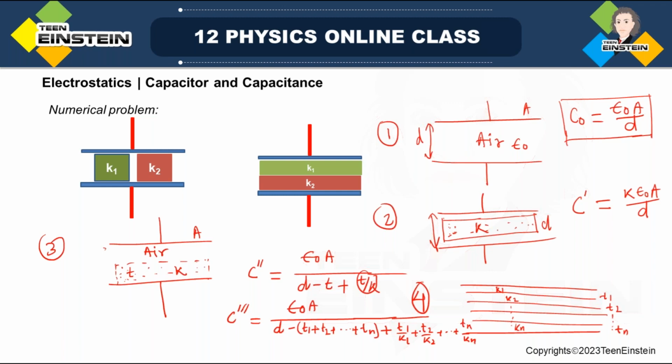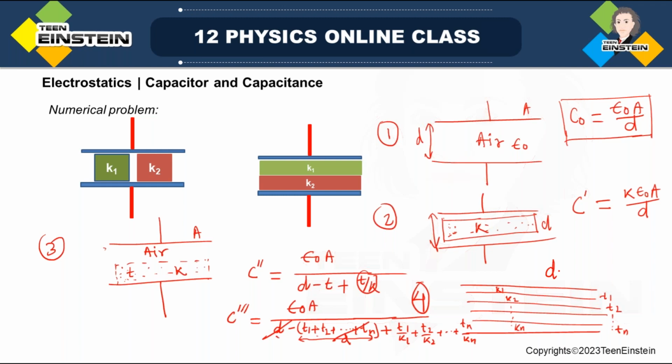And by default I have taken all of them to have the same area of cross section A. So you can see here that this D and this T1 plus T2 plus T3 up to Tn thickness is actually the same. So this term will get cancelled. I hope you have understood this.